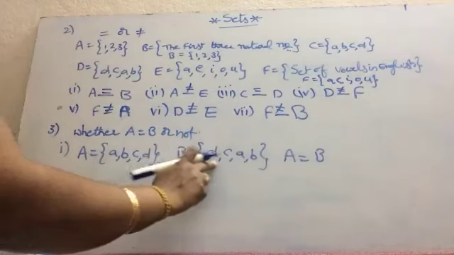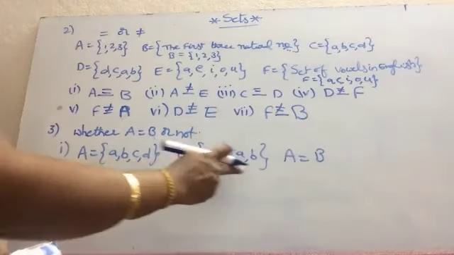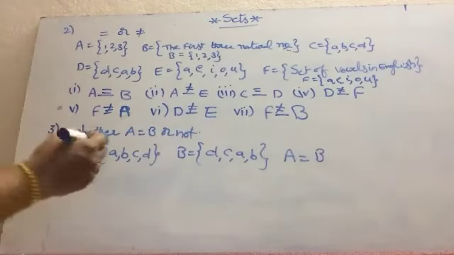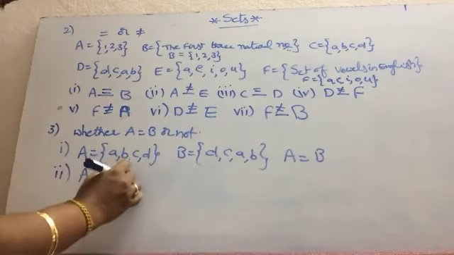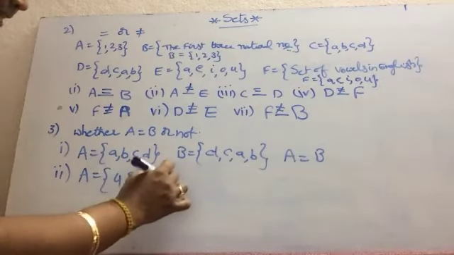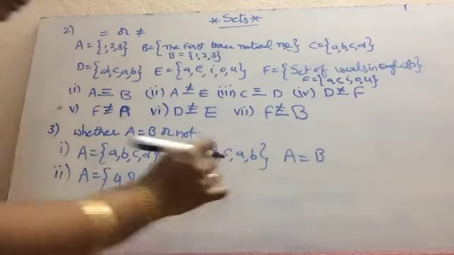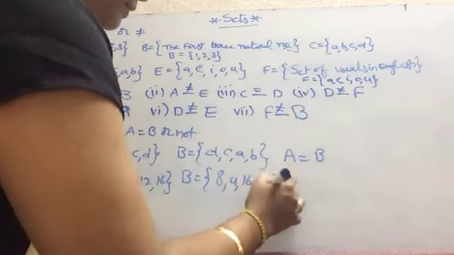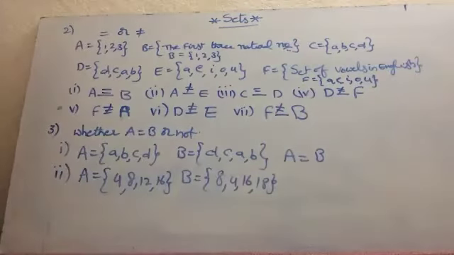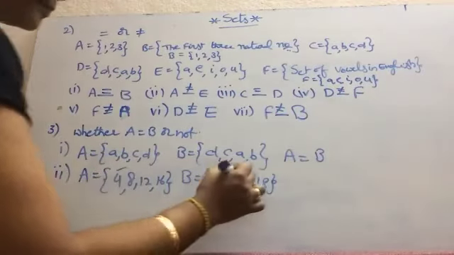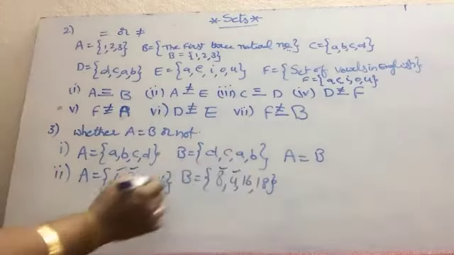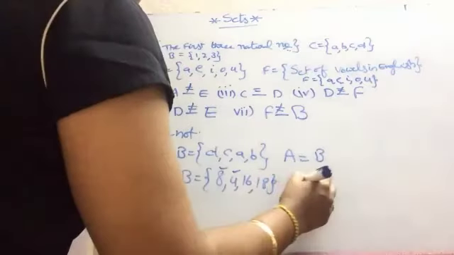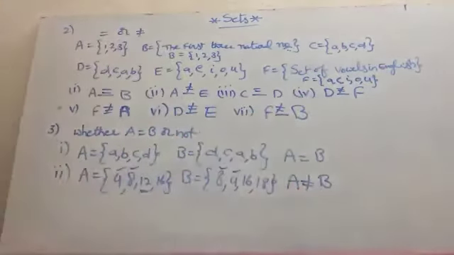Because all the elements of A and all the elements of B are the same. And next one, A equal to {4, 8, 12, 16}, B equal to {8, 4, 16, 18}. Here 4 is there in both, 8 is there in both. Here 12 is there, but in B, 12 is not there. That means A not equal to B.